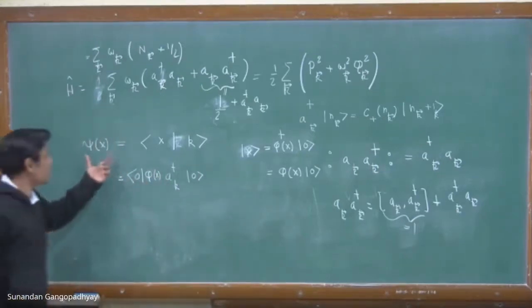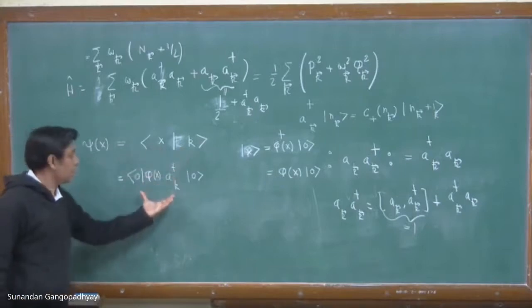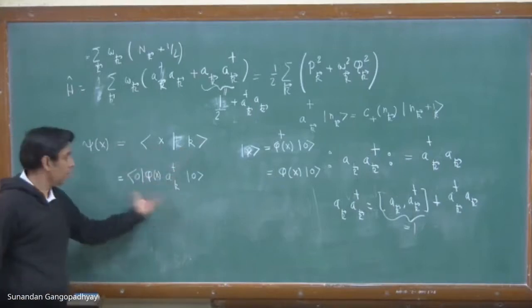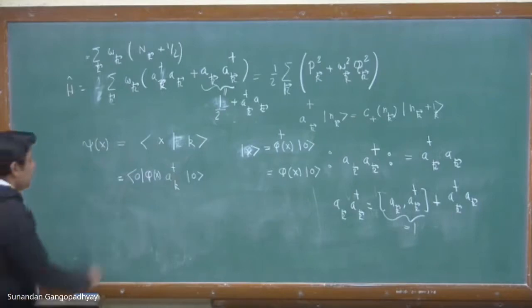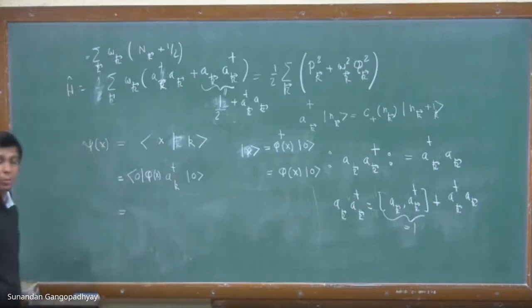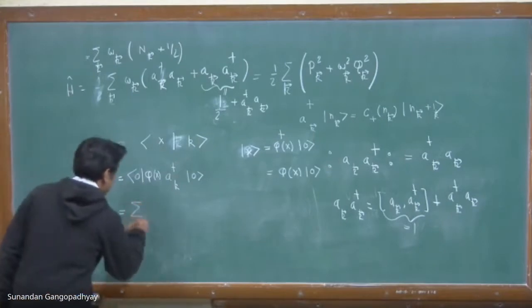So this wave function psi of x, which is this overlap, is basically nothing but this thing. But phi of x, you know what the mode expansion of phi of x is? It is basically a summation.